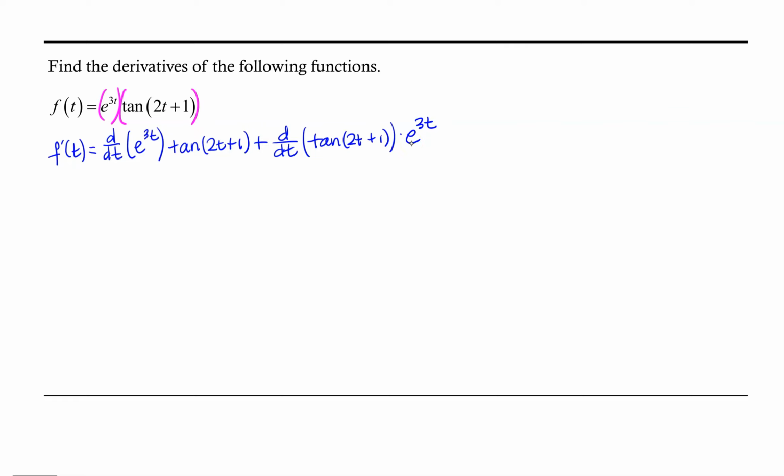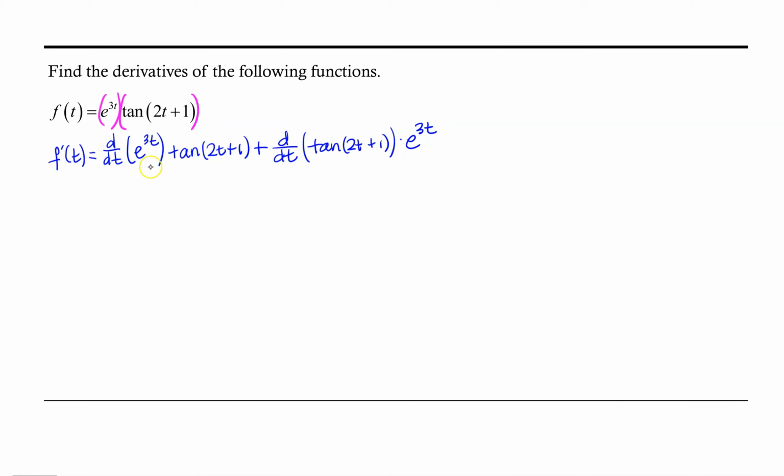Okay, so we're basically done with the product rule at this point, and what remains is to find the derivative of the e to the 3t and the derivative of tangent of 2t plus 1, and then see what we end up with.